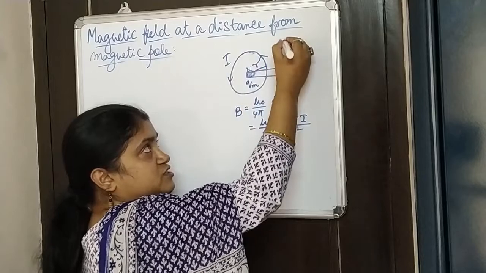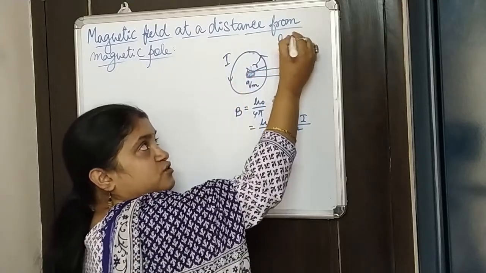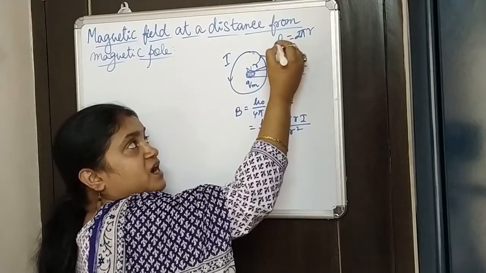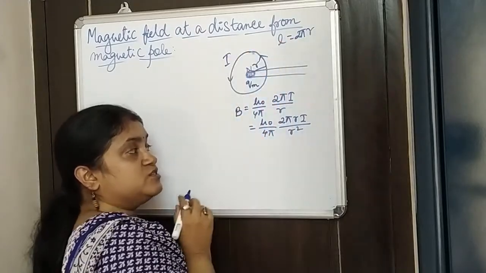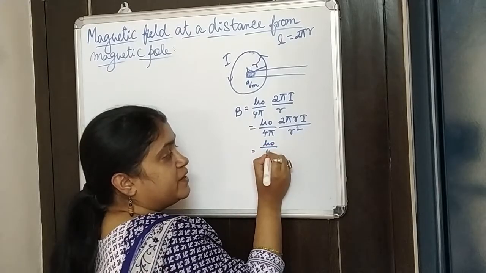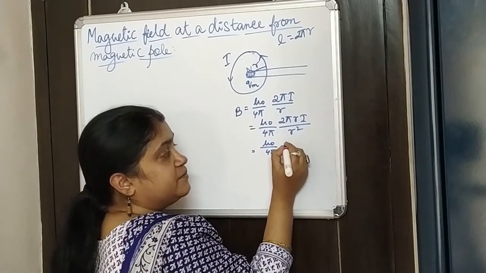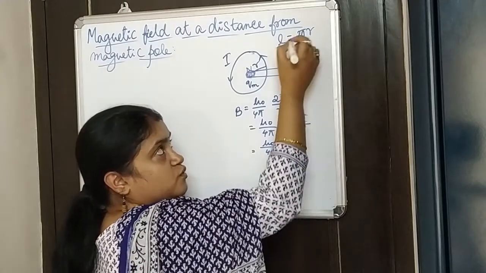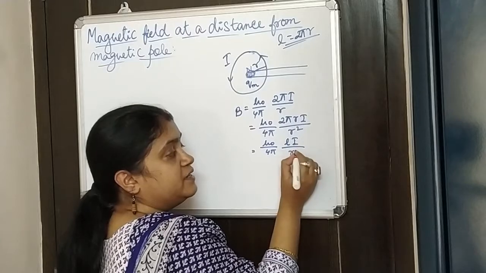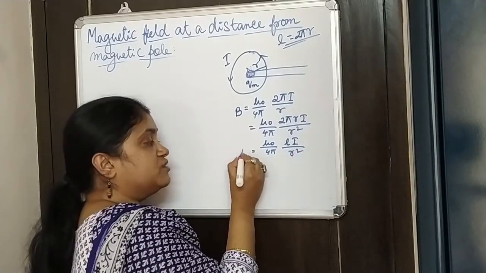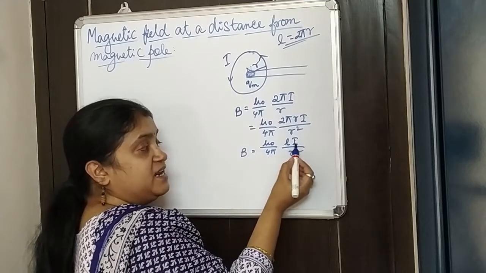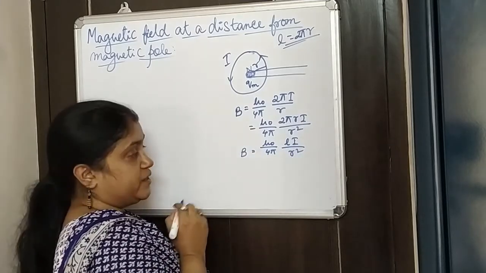Suppose the length of this loop is L, which is nothing but 2 pi r. So 2 pi r is the length of this loop, and we can say mu naught by 4 pi into L into I by r square. So therefore the magnetic field B becomes mu naught by 4 pi L I by r square.